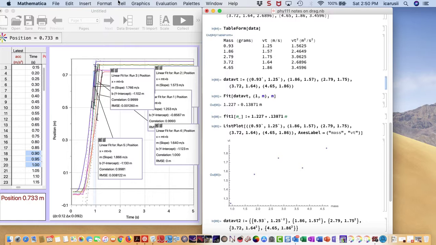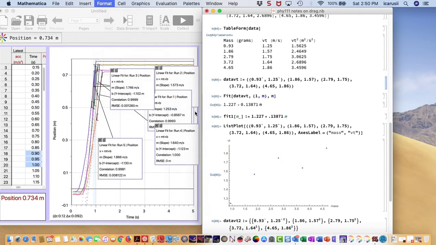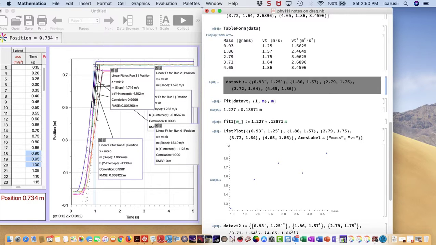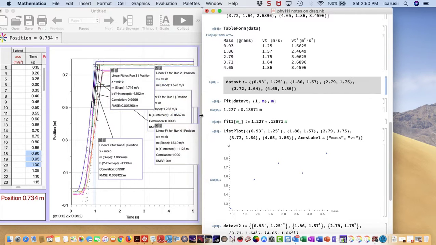The big thing here is, number one, I set up a set of objects in my program for analysis. Data VT is the mass versus velocity data. And I actually did what is called a linear fit.